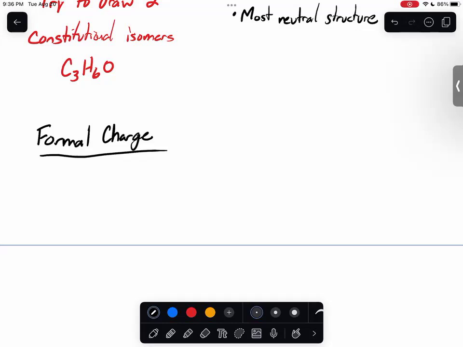So that equation is formal charge is equal to the number of valence electrons for the atom we are looking at, right? This is that same number we've been talking about the whole presentation. For carbon, it's always 4. It's just based on that column it's in on the periodic table.